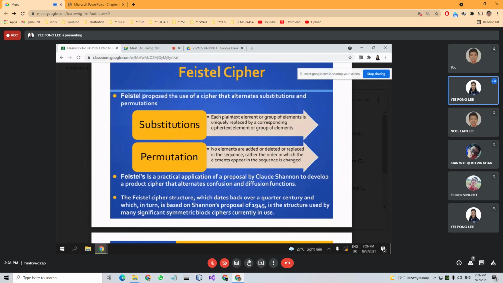Next, the practical application of a concept by Claude Shannon.